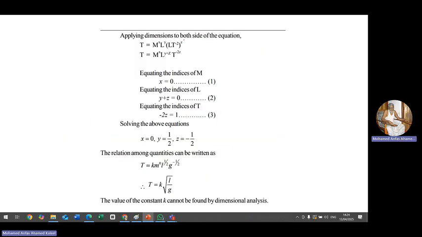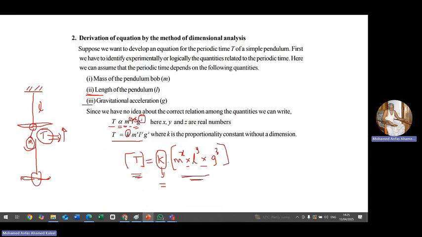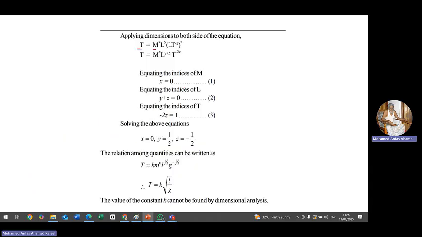The dimension of mass is capital M, the dimension of length is L, and G is acceleration, that is LT to the power minus 2, all to the power Z. So the dimension of the periodic time, capital T, is equal to M to the power X into L to the power Y into LT to the power minus 2, all to the power Z.